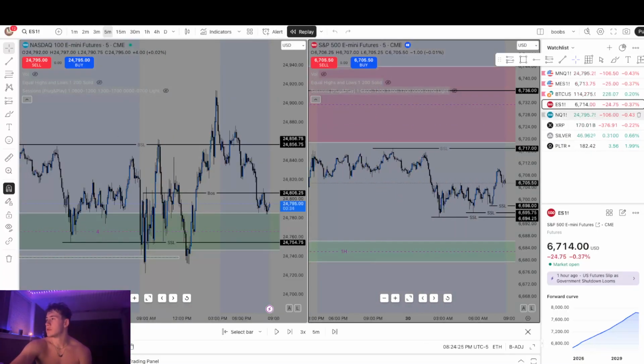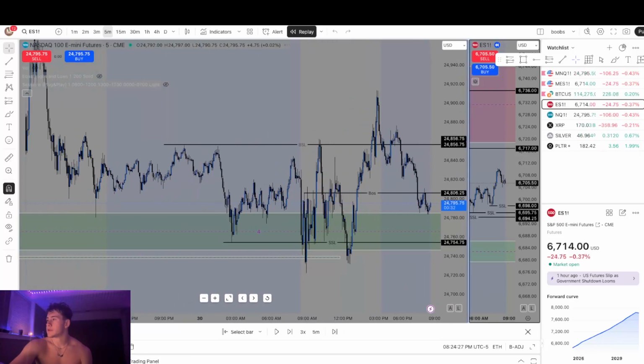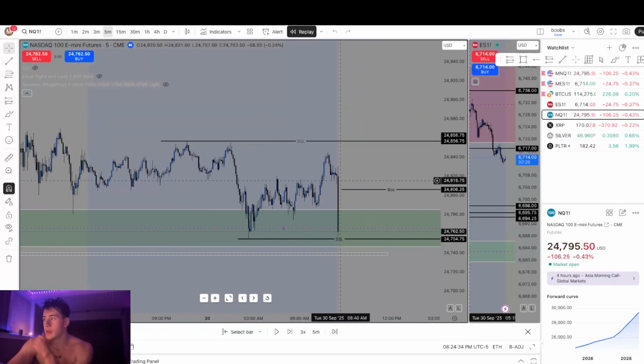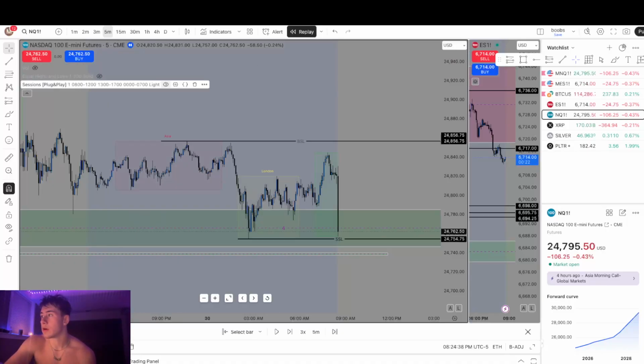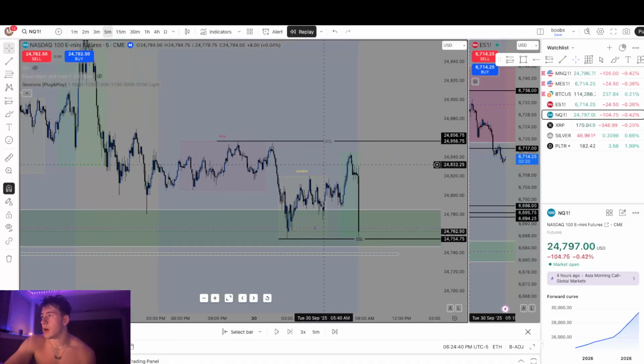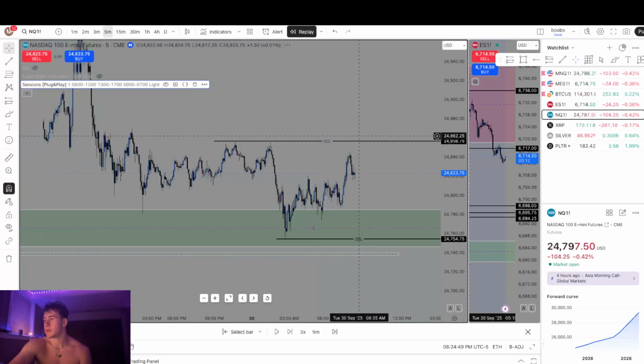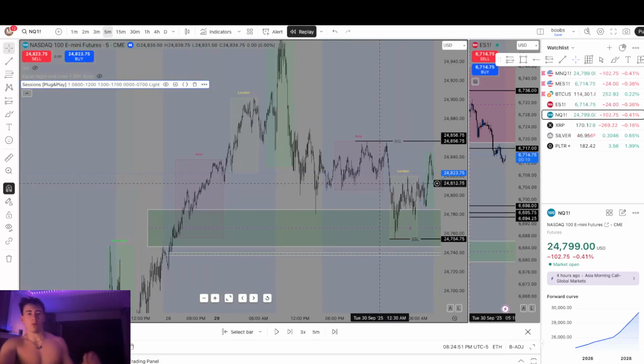I'm going to select the bar because I did take the trade on ES, but I'm going to show you what NASDAQ did coming into the day. Coming into the day, we can turn on our draws on liquidity. Do this one more bar back before market opened. We'll just do 8:20.